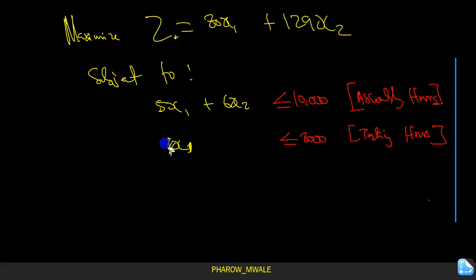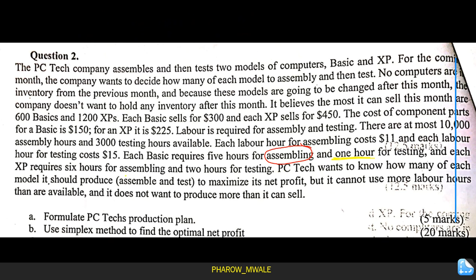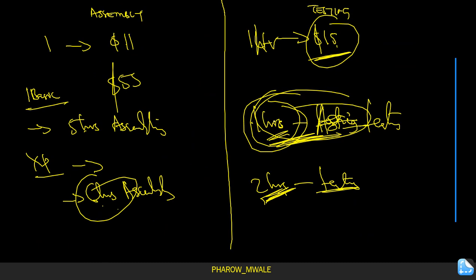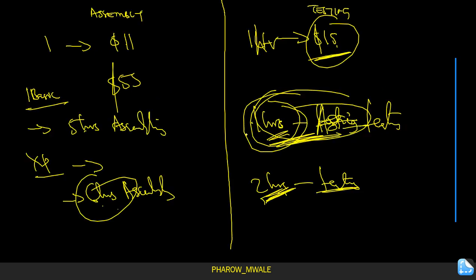So we're going to keep our x1 here, then say plus. How many hours do we need to test the XP? We need 2 hours. So it will be plus 2x2.